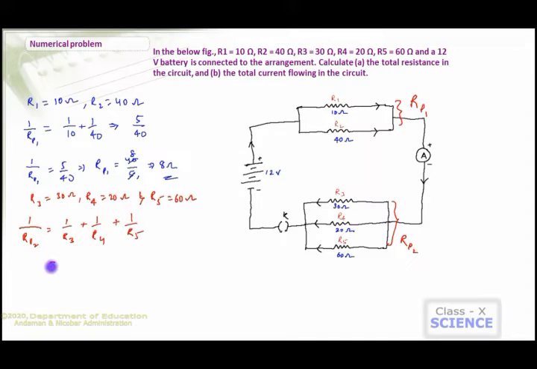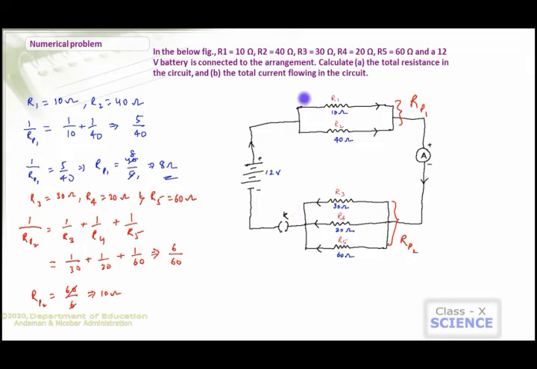Substituting the values, we get 1 by 30 plus 1 by 20 plus 1 by 60. Upon taking LCM and solving, we get 6 by 60. So Rp2 will be 60 by 6. Solving this, we get 10 ohm.